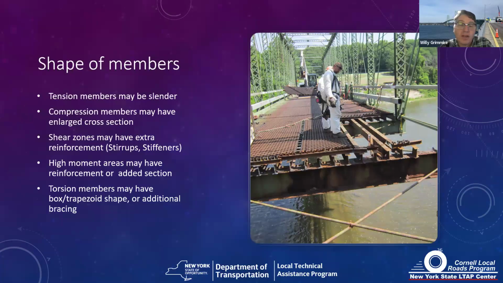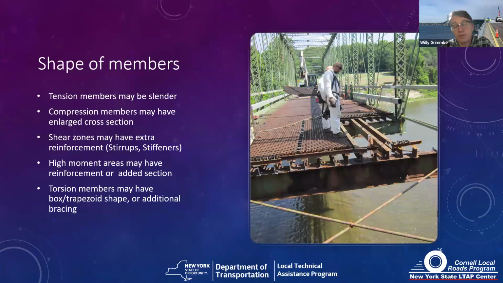So, the shape of members matters. For example, if you go out to a bridge and you look, tension members tend to be relatively slender. If you look in the bottom of the photo, there are a couple of diagonal rods that will act primarily to resist tension.